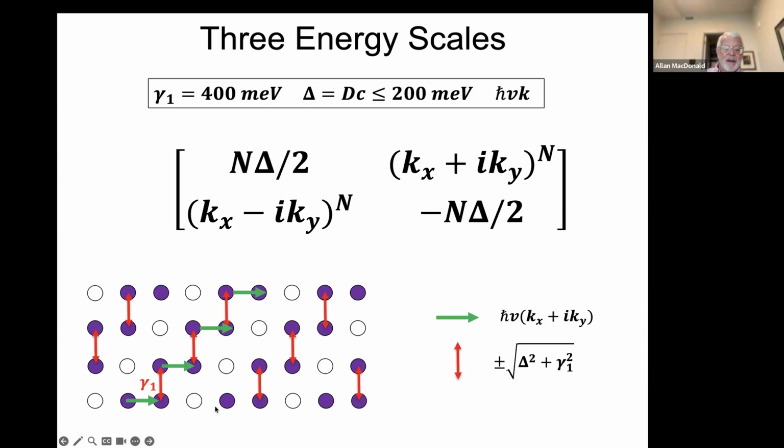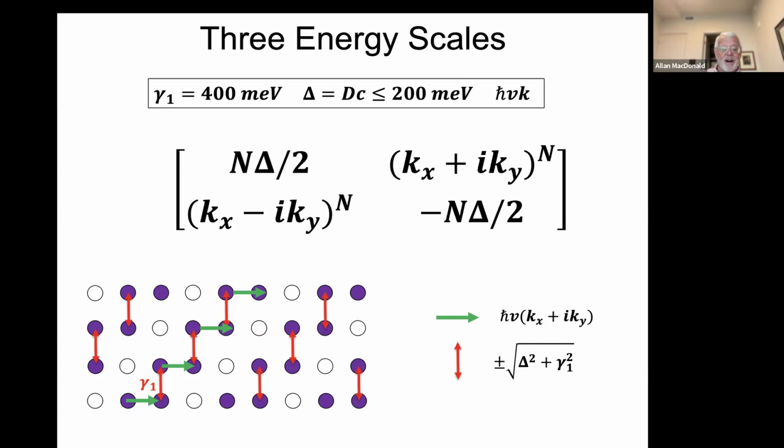And in the presence of a displacement field, the level of the pi electron on the isolated site is shifted by virtually hopping and hopping back. And when the displacement field is zero, that effect cancels because there's level repulsion from the high energy dimer state and the low energy dimer state.